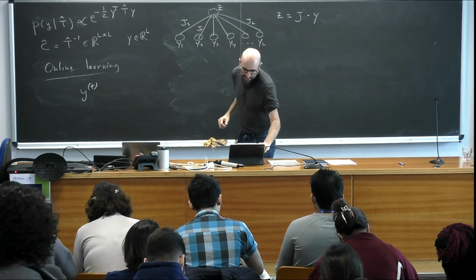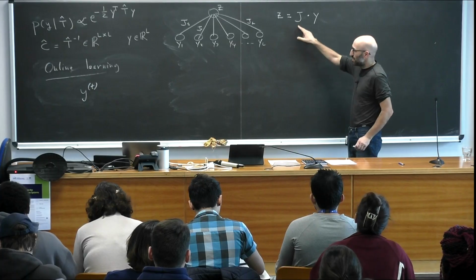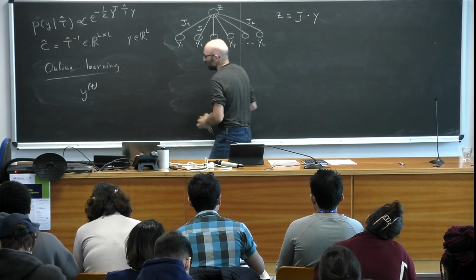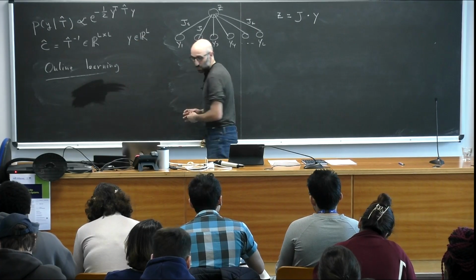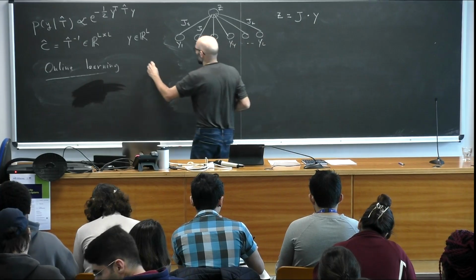So how can these weights J learn something about the data? So the idea is very simple. What we are going to do is to update the weights at each step. And the update rule will be this one.